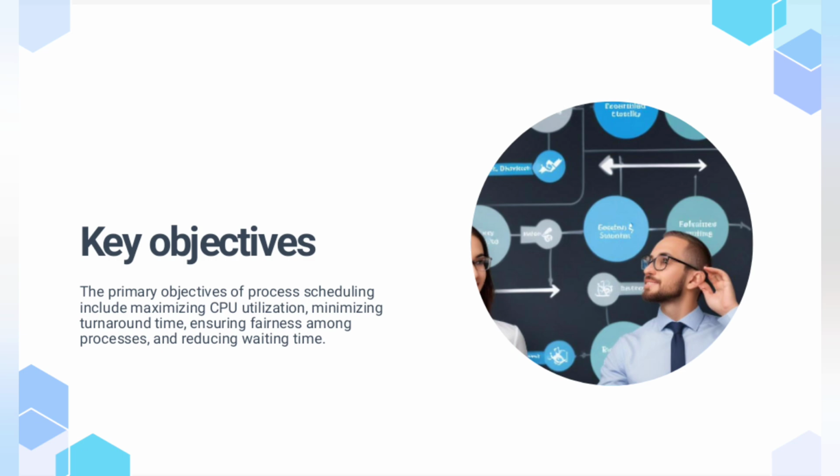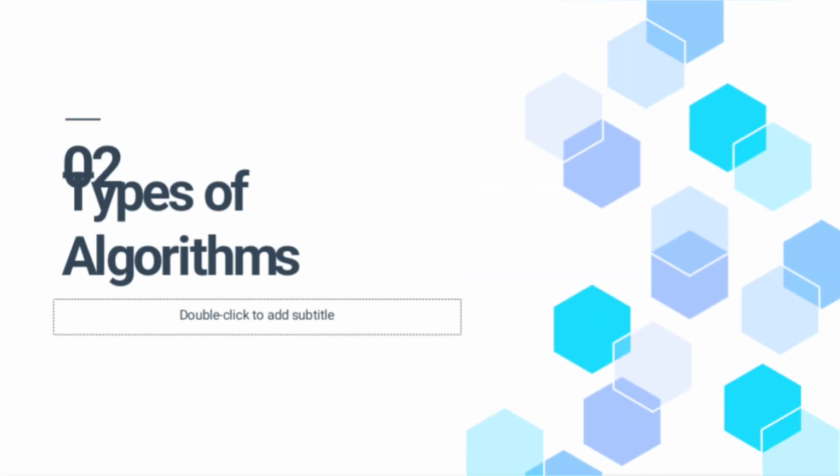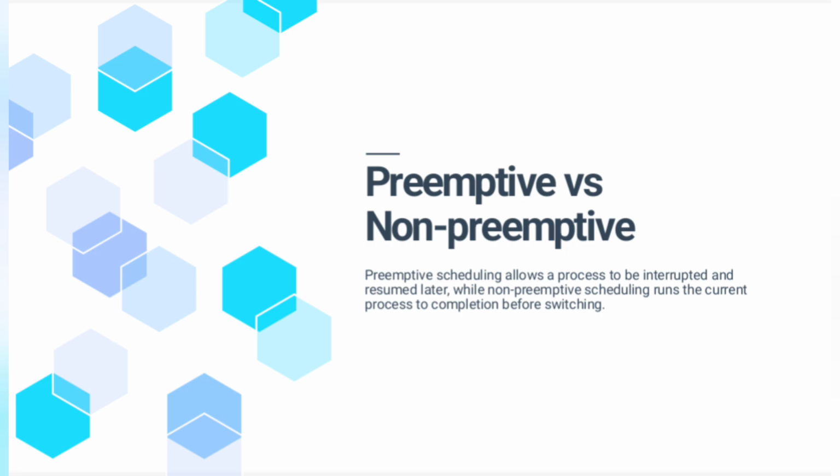Next, second topic is types of algorithms. Preemptive versus non-preemptive. Preemptive scheduling allows a process to be interrupted and resumed later, while non-preemptive scheduling runs the current process to completion before switching.